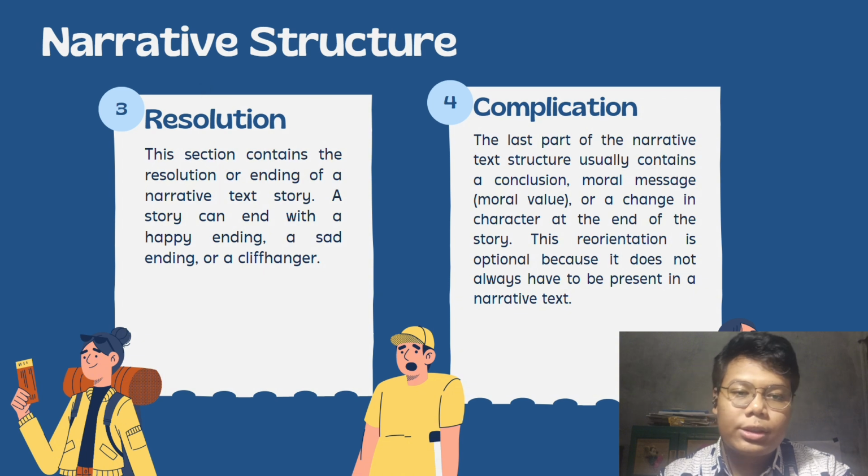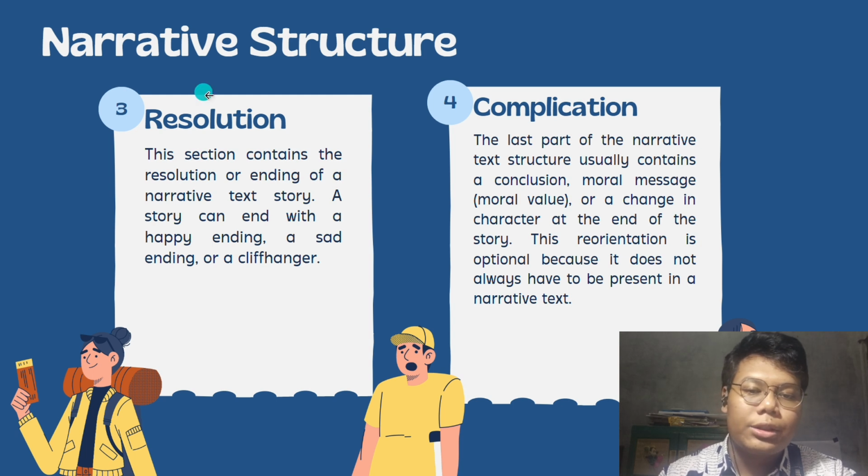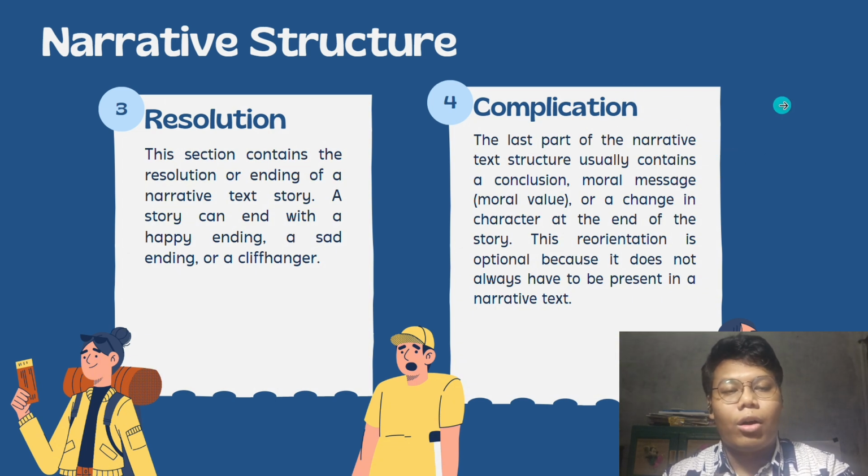Then move to the next structure. We got resolution. This part contains the resolution or ending of a narrative text story. A story can end with a happy ending, a sad ending, or a cliffhanger.